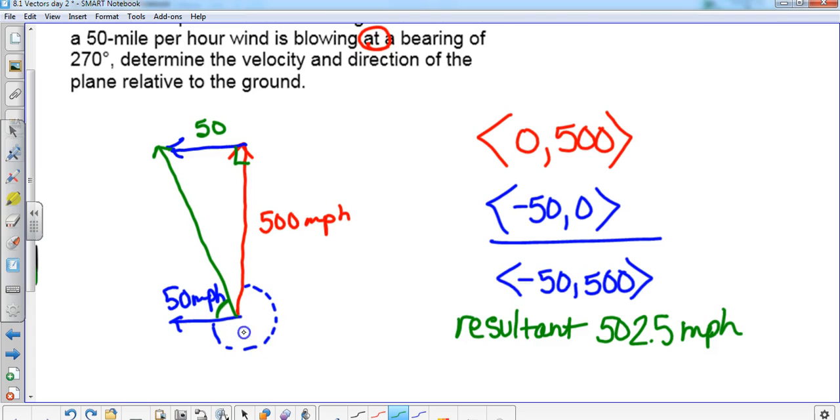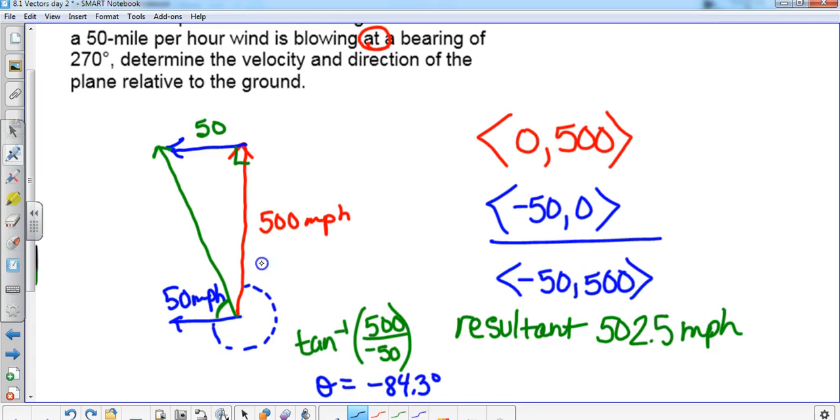If we do inverse tangent, 500 over negative 50, we're going to get a negative angle. What do we get? All right, that means that it thinks we're down here, negative 84.3, but we're actually up here.